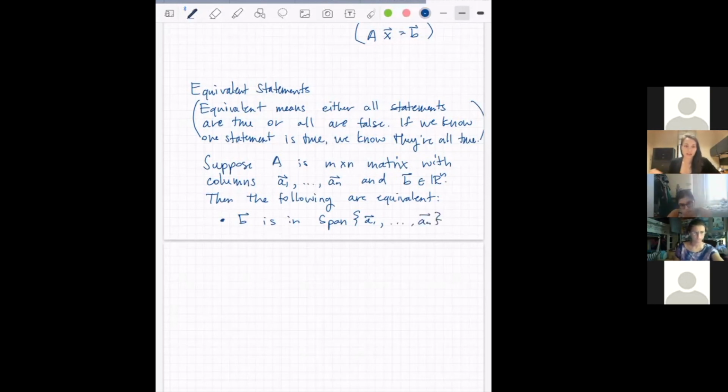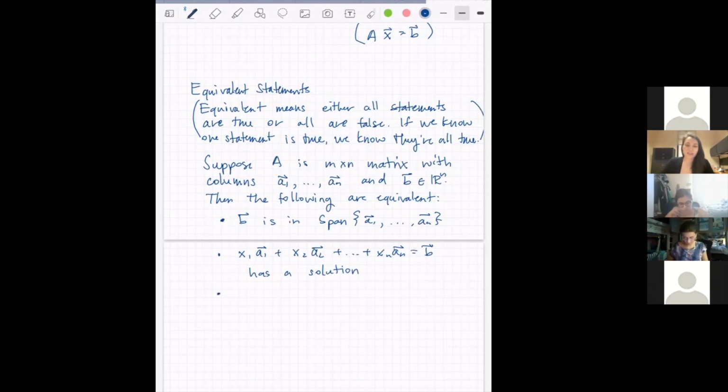That is equivalent to saying that x1 A1 plus x2 A2 plus xn times AN equals B. This vector equation has a solution.